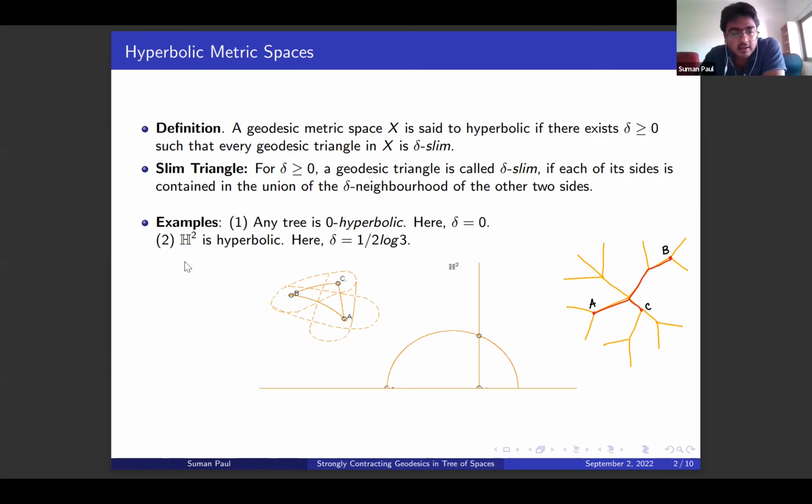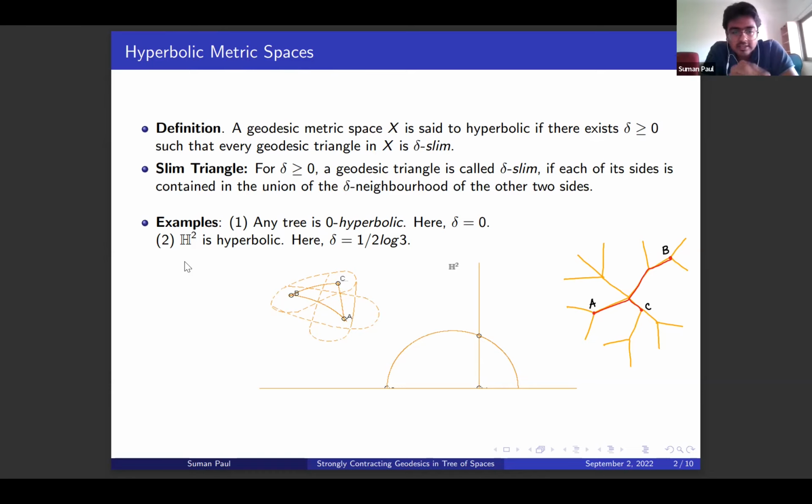And the second example is the Poincaré upper half plane with the Poincaré metric. Here, any triangle is delta slim, where delta equals half log 3. Basically this definition of hyperbolic metric space comes from the properties of H2.